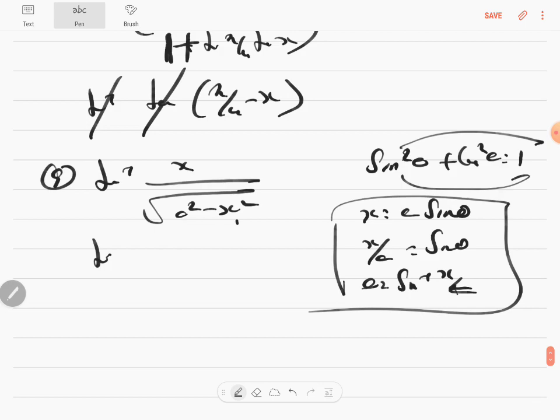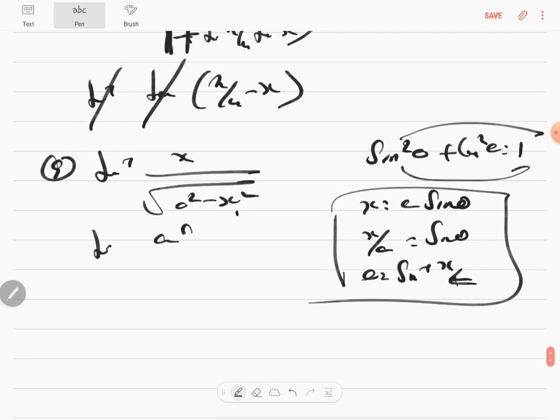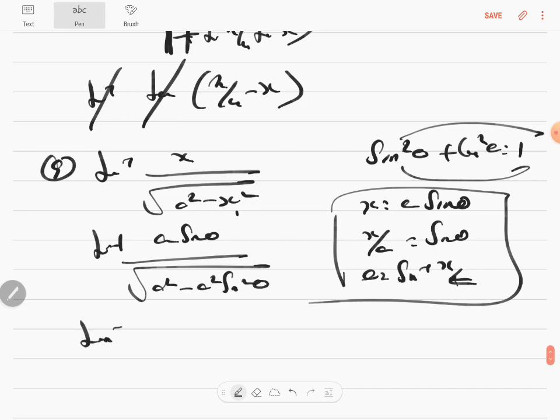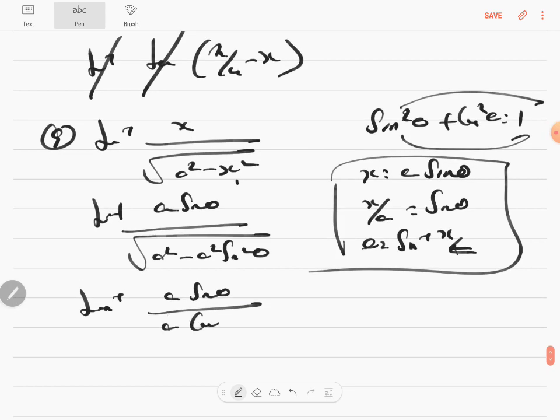Keep that in mind. X is nothing but a sin theta, so it becomes tan inverse of a sin theta by root of a square minus a square sin square theta, which is tan inverse of a sin theta by a cos theta, because a square can be taken out common. 1 minus sin square theta is cos square theta, which is just cos theta, so it is tan inverse of tan theta, which is just theta.